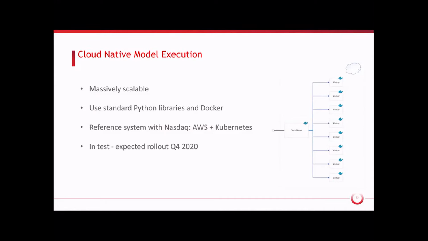Having said that, it is important that we at least have one reference system that we can test against and start getting some benchmarks for this work. We're working quite closely with NASDAQ, who have a SaaS offering around Oasis, and they're spinning up a system using AWS and Kubernetes to run this massively at scale.